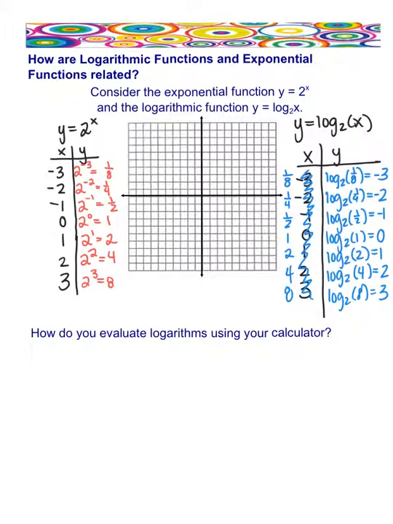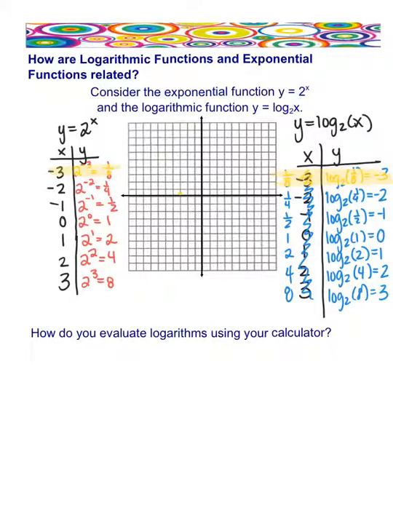Okay, so if you have not filled out your charts yet, you should pause the video and finish filling out these charts before we move on. But for everyone who's ready to go, let's take a look at this first point on both of these graphs. On my exponential function, I have the point (-3, 1/8). So (-3, 1/8) is very small.